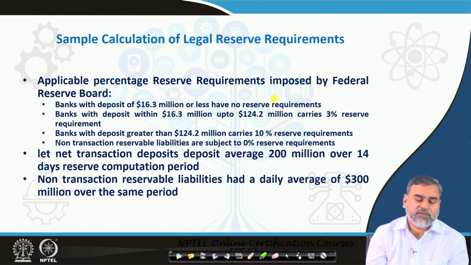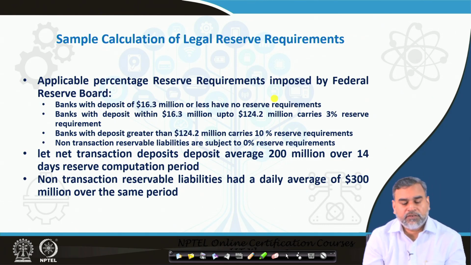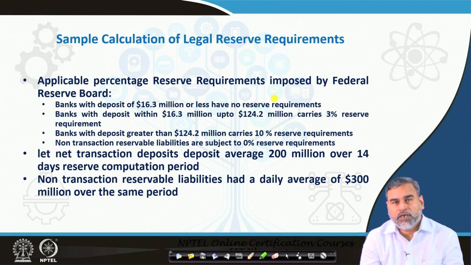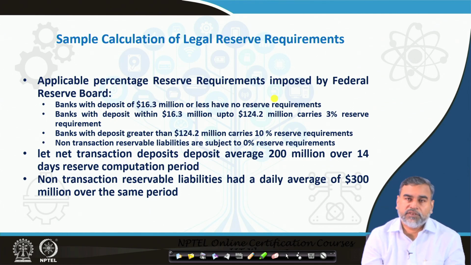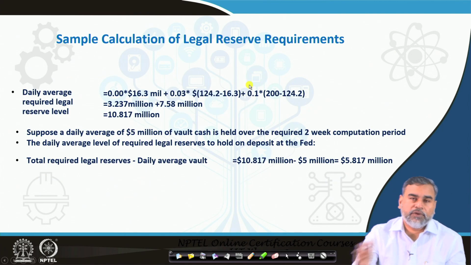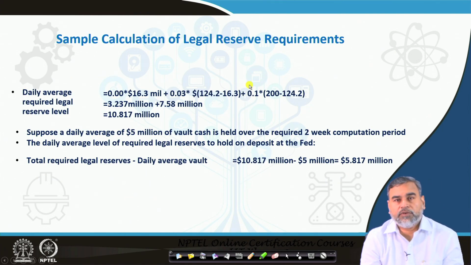Your net transactions deposit average is 200 million over this 14-day period. Then your non-transaction reservable liabilities had a daily average of 300 million in the same period. So, if this data is available to you, then how can you calculate the legal reserve requirement?